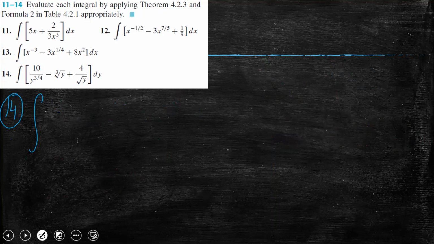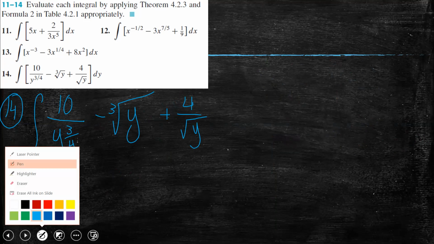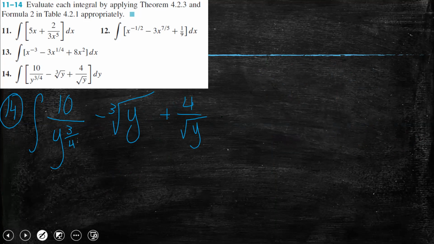The integration of 10 over y to the power 3 over 4, minus cubic root of y, plus 4 over square root of y, dy. Here now, I can write it as 10y to the power negative 3 over 4, minus y to the third, the cubic root of y.